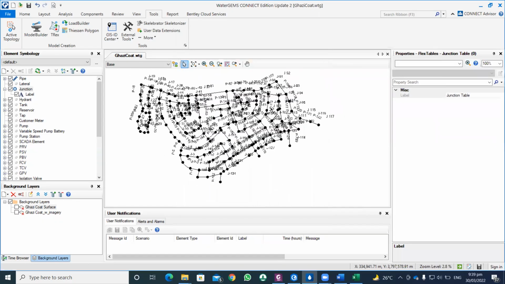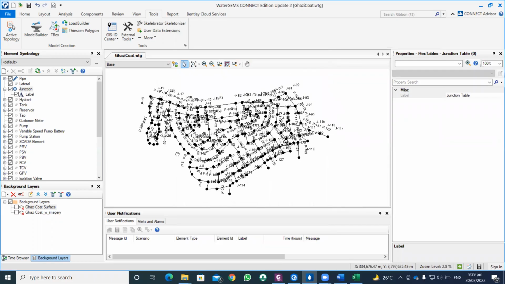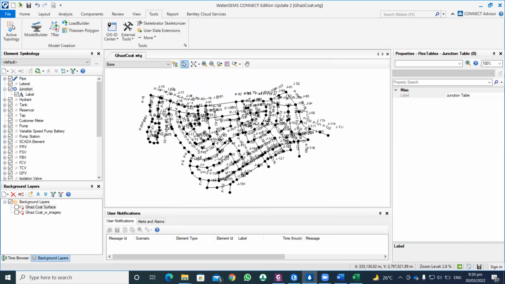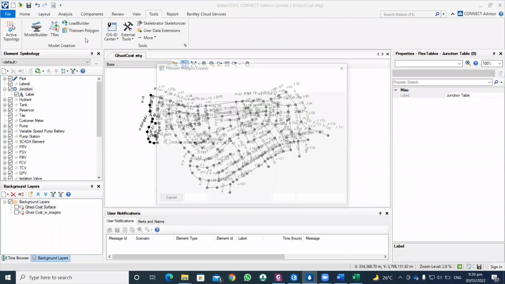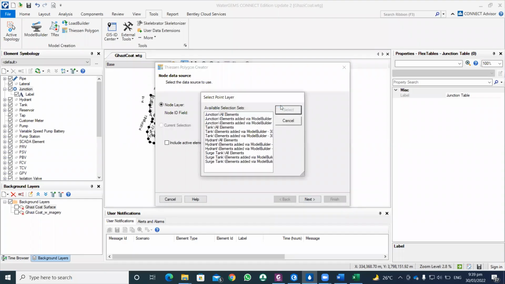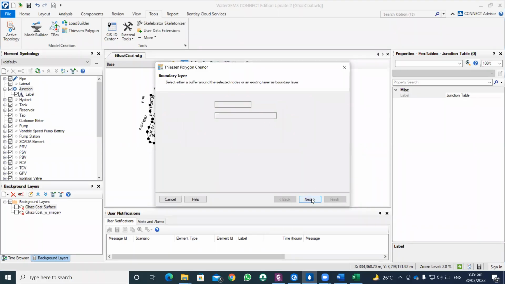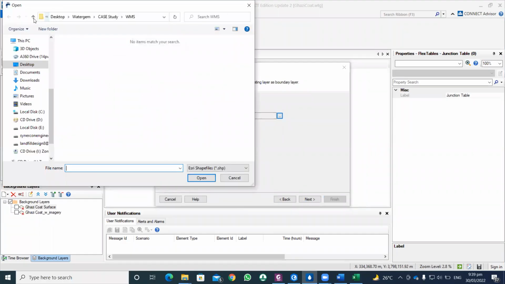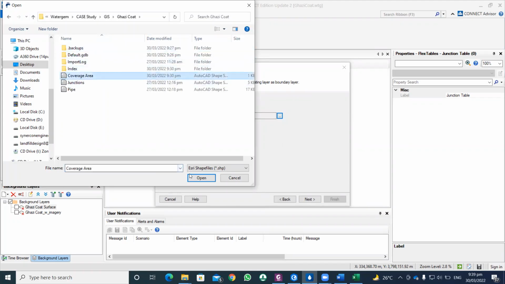Okay. So what do I have to do? I have to assign a demand to each node. For that, I first have to construct a Thiessen polygon. I will explain to you what Thiessen polygons are. I will create the Thiessen polygon for the junctions, taking the boundary layer which I have created, the coverage area.